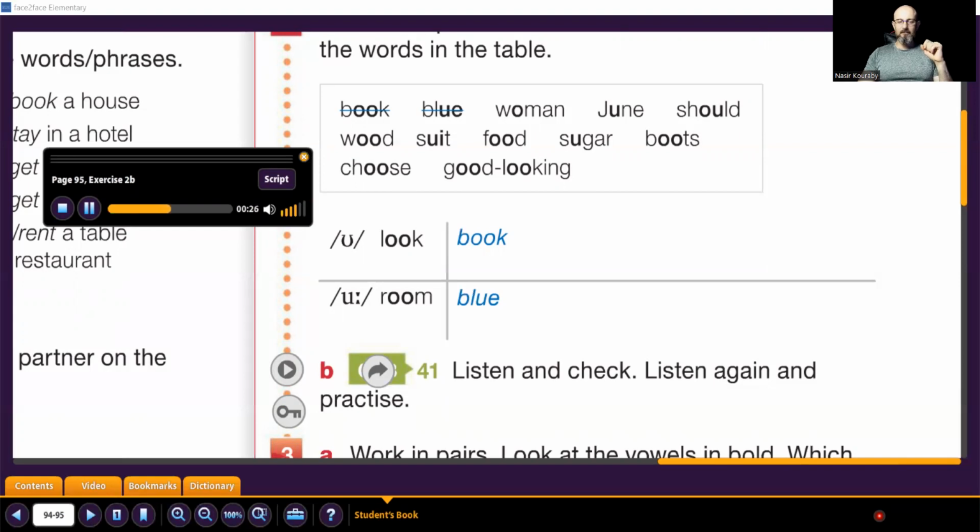Good looking. U. Room. Blue. June. Suit. Food. Boots. Choose.